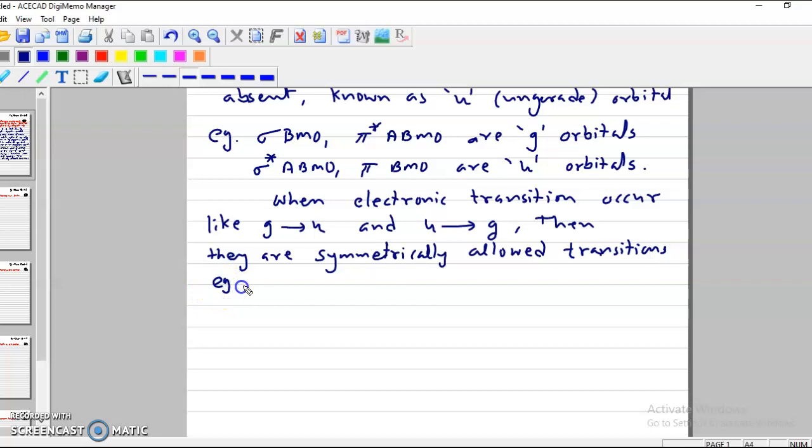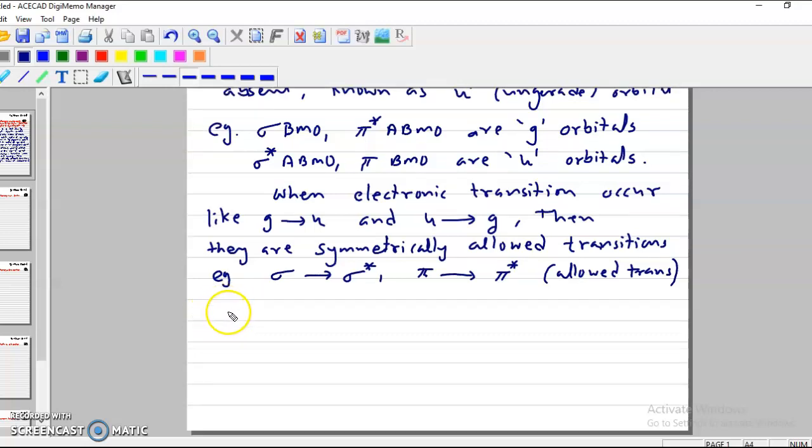For example, sigma to sigma star transition is symmetrically allowed. Pi to pi star transitions are also symmetrically allowed transitions. So these are allowed transitions, and both have higher values of epsilon.